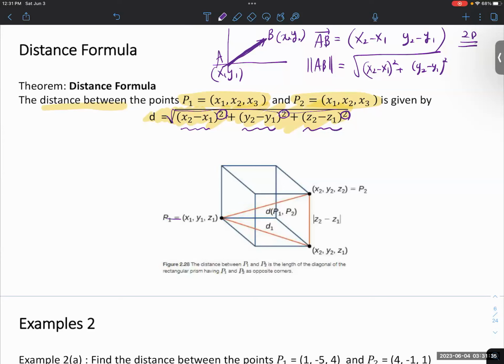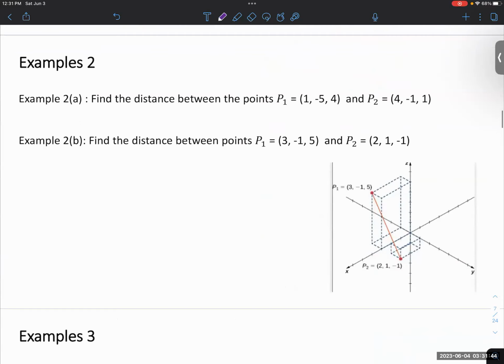This is the image. I have 2 points, so you can find the distance. You find the difference in x, y, and z, square them, and put the radical. Based on that, let's quickly calculate it. I'm not going to spend too long on this question because we just follow the formula. The distance is the radical of the x difference squared, plus the y difference squared, plus the z difference squared.